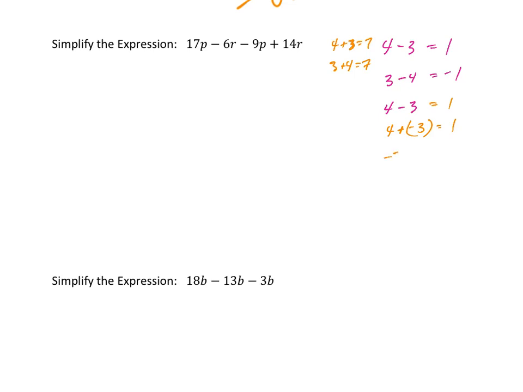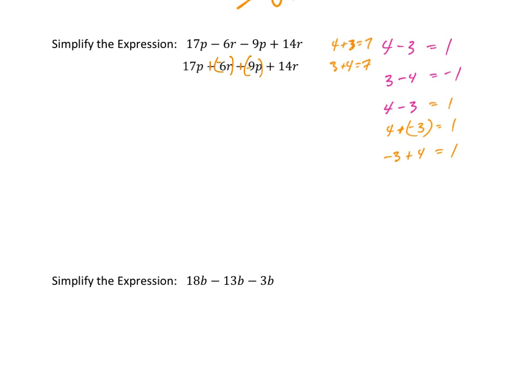So I can rewrite this as negative 3 plus 4, and I still get positive 1. So when I'm looking at this one right here, I'm going to rewrite this as an addition problem. So that means I'm going to make this addition, and I've got to make this the opposite, which means this becomes negative 9p.